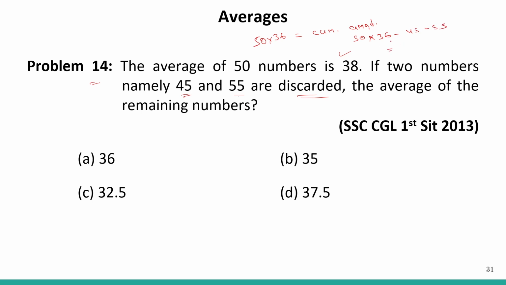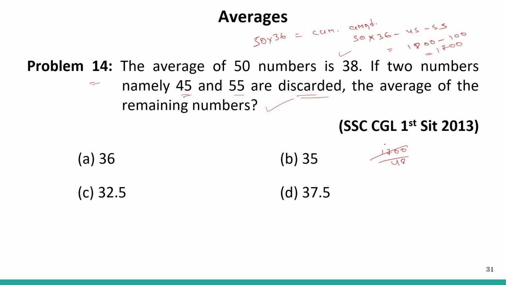It will be 1800, right? So this much minus 100 is equal to 1700, the remaining cumulative amount of 48 numbers. So to get their average, 1700 by 48, because we have discarded two numbers now. So the average of the remaining numbers will be this much.